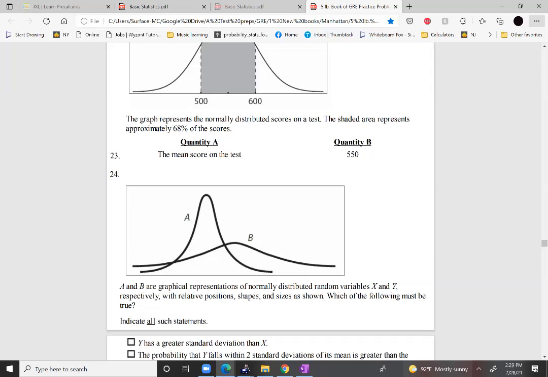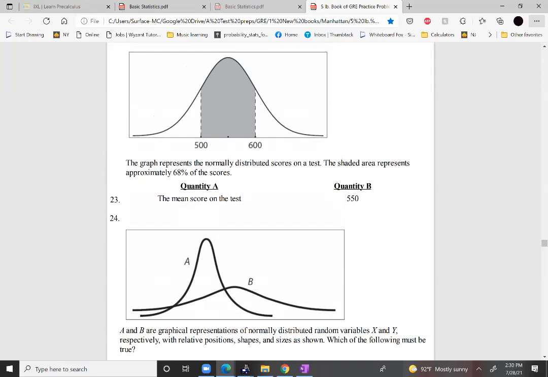Is it D? Yeah, it is D. You can tell, because if you go one standard deviation above the mean, you're going to be in 34%. But do you know if it's symmetric?